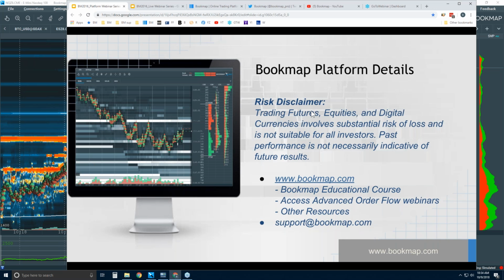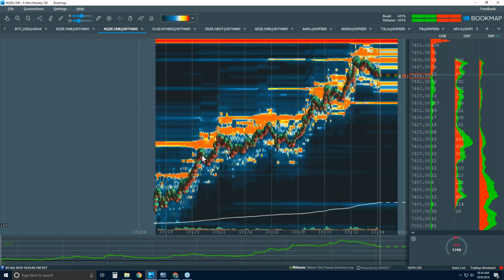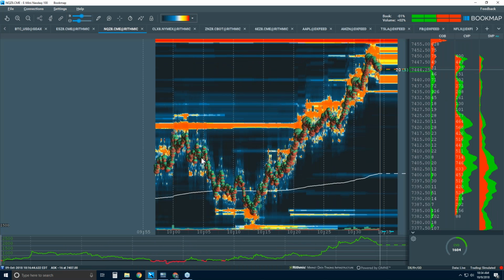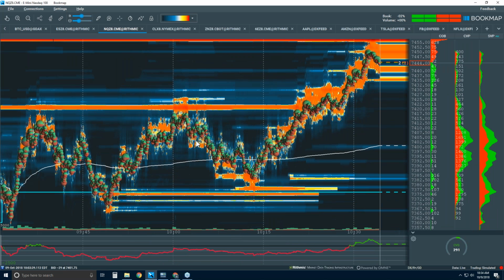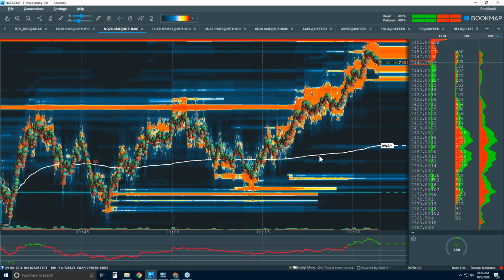Okay, for example, some really nice stuff already happening here. This is actually what we go through in the advanced order flow webinars in detail. For example, looking at the NASDAQ E-mini right now, there's really good reason up in this area to think that you're looking for a return back to the VWAP or back to the kind of mean in this price action.